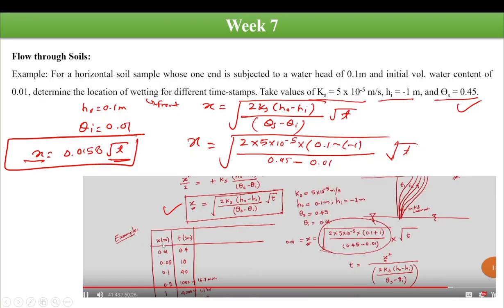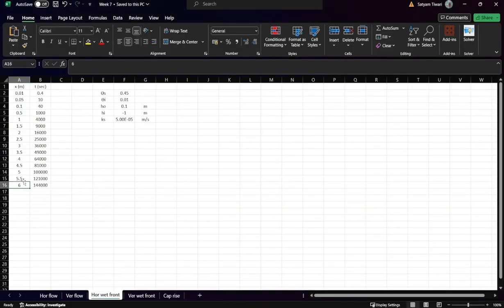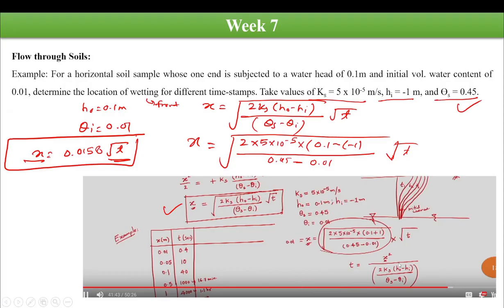Let's say we have a soil sample whose length we can take as 6 meters. Then at particular time intervals we want to determine how this wetting front will travel, for example when the wetting front will reach a location of 0.05 meter, when it will reach a position of 1 meter, and so on.